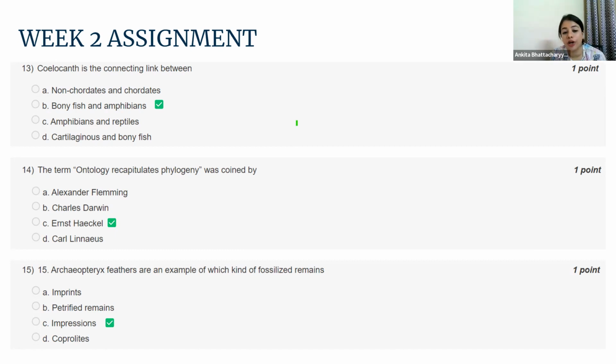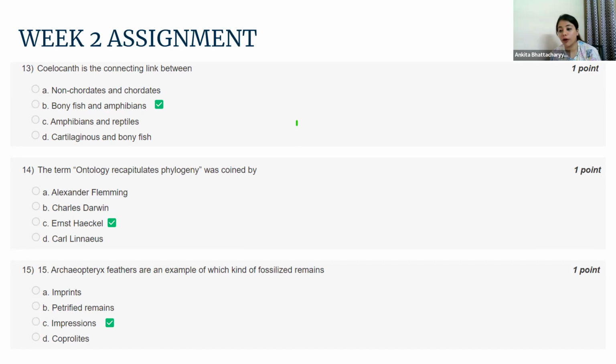Then coming to Archaeopteryx feathers, they are an example of which type of fossilized remains. When we have talked about the types of evidence that support the process of evolution, we have also talked about paleontological evidence.